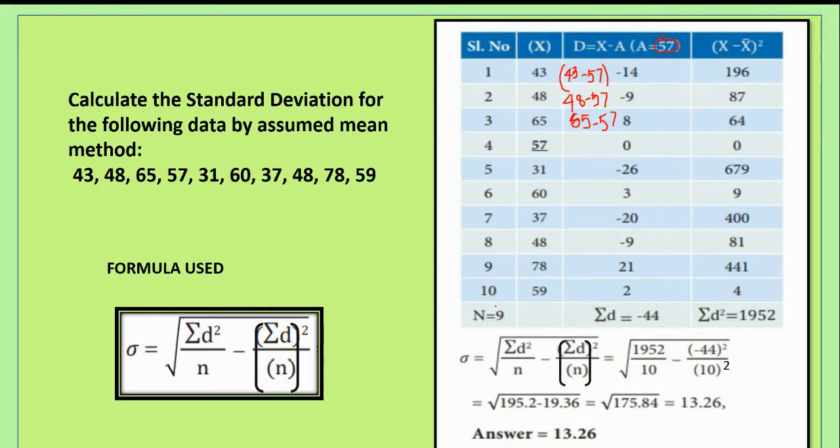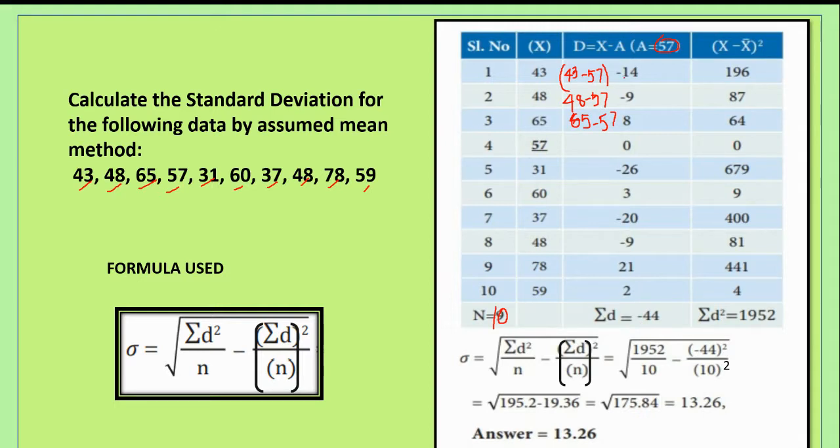Here n is equal to 10. It is not 9 because 10 values are given: 1, 2, 3, 4, 5, 6, 7, 8, 9, 10. So the value of n is 10.